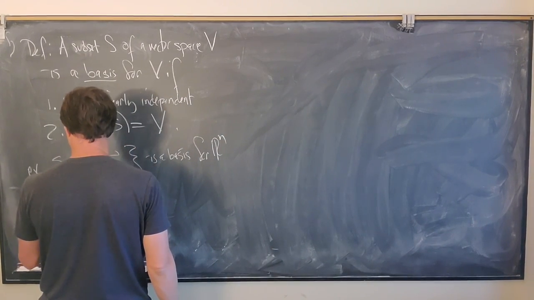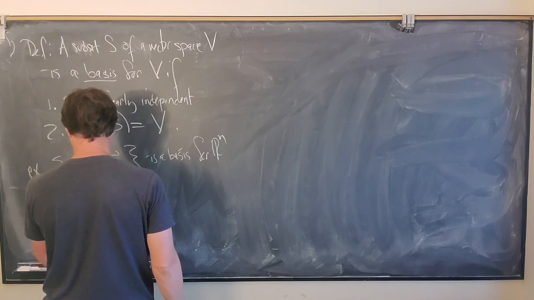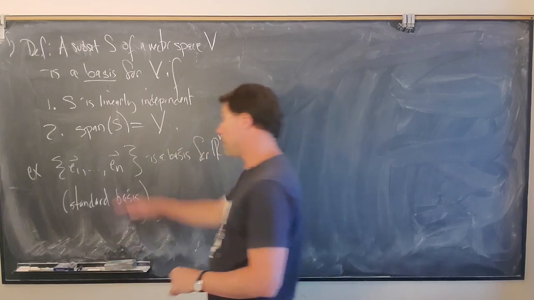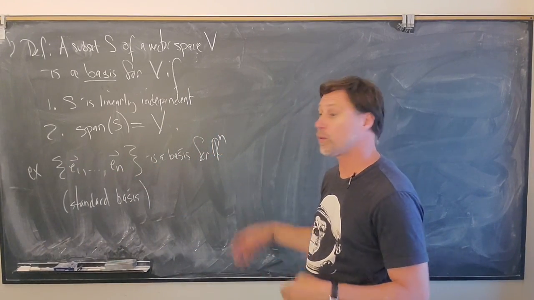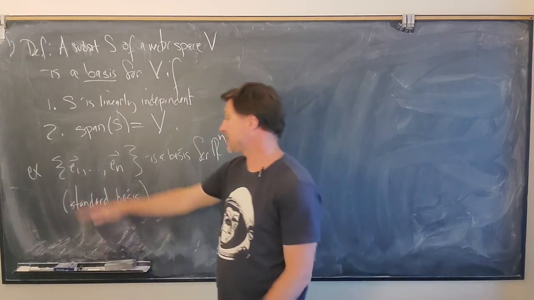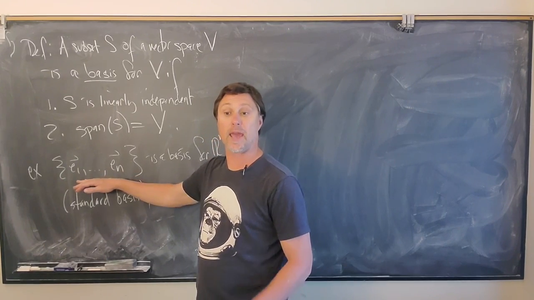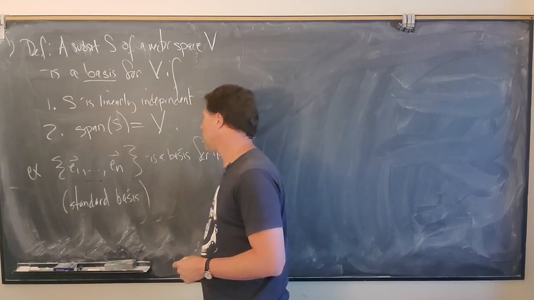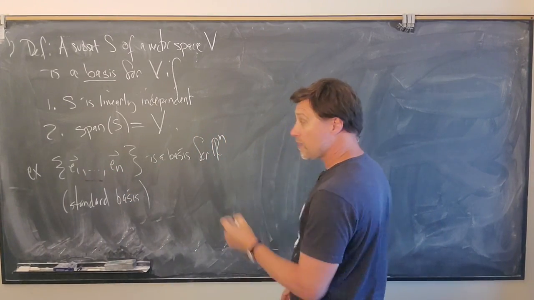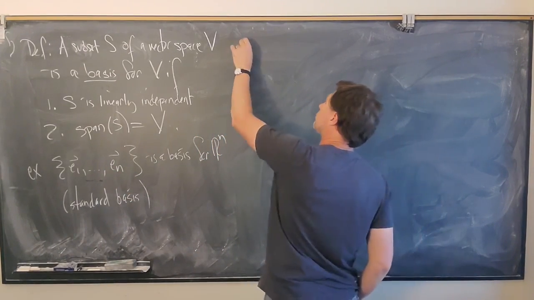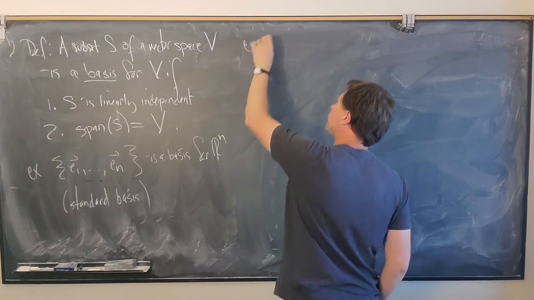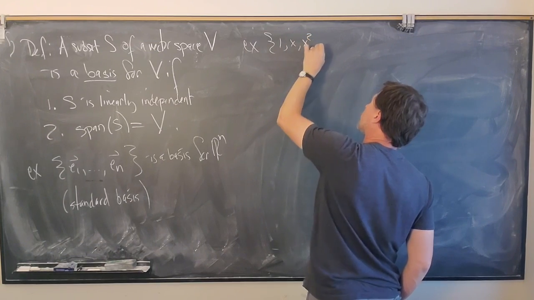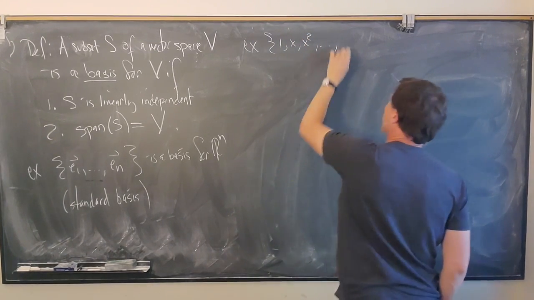So in the future, when I say the standard basis for Rn, that's the one that I'm talking about right there. Right? We've already seen previously that the span of this set is equal to Rn, and in the very last lecture, I guess that was lecture 18, I wrote down and said you should verify that it's linearly independent.